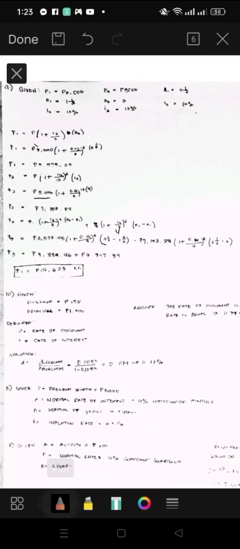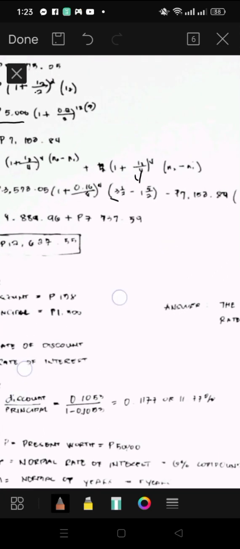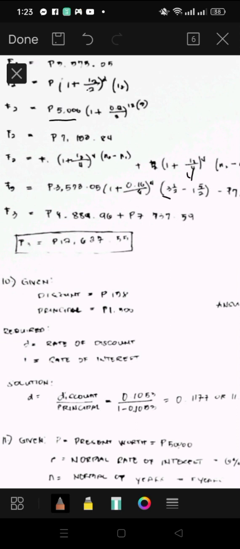Determine the simple interest rate and the corresponding discount rate, often referred to as the banker's discount. So our discount is 158, then the principal is 1,500. Required: D is rate of discount and I is rate of interest.